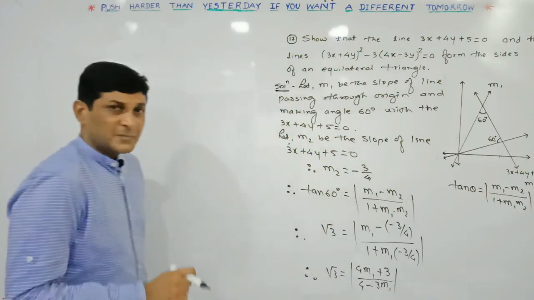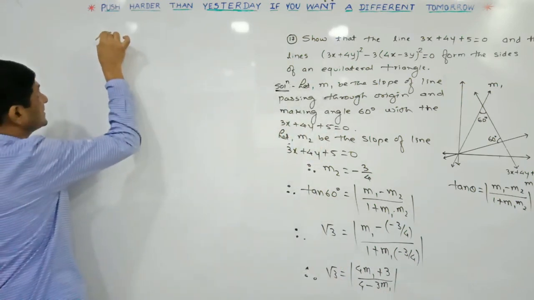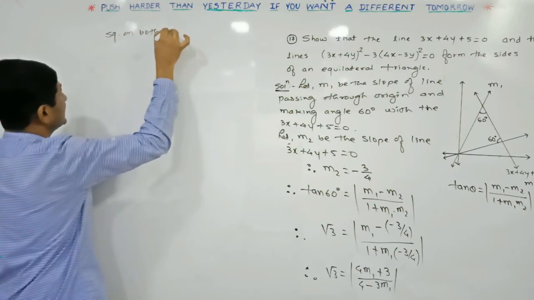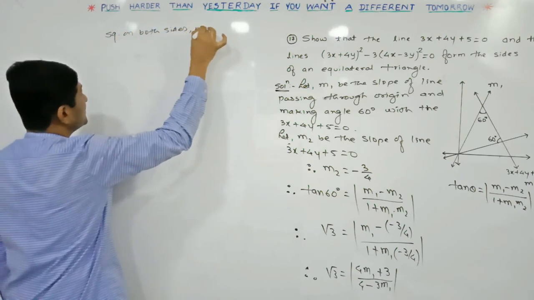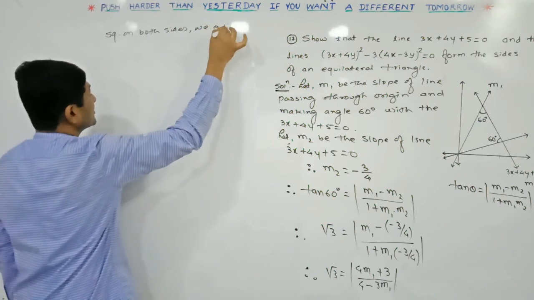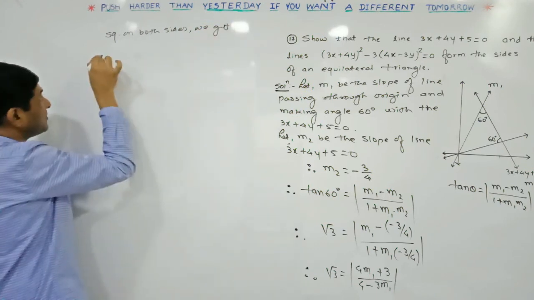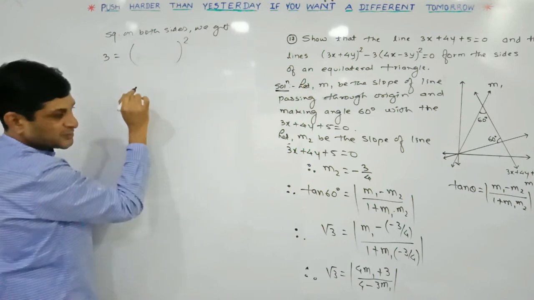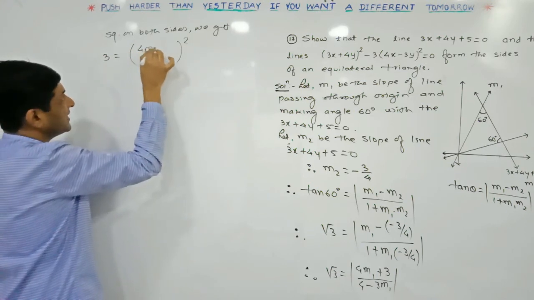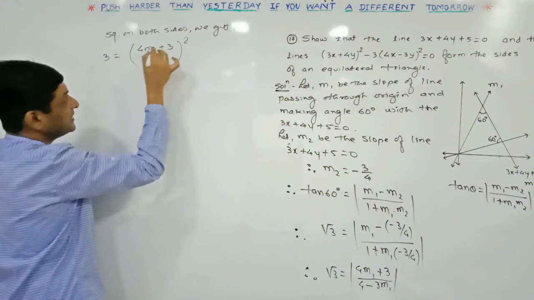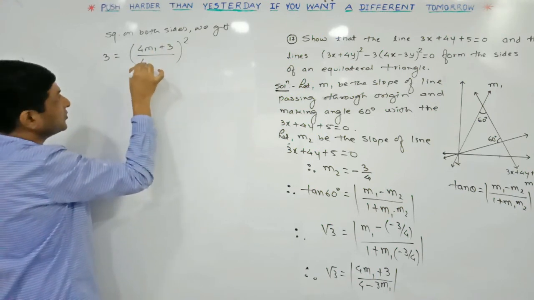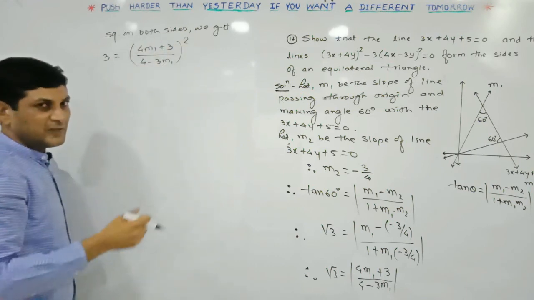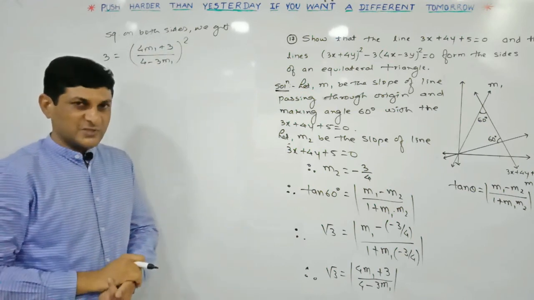Okay, now we are squaring both sides. Let us see what we will get. On this side the square of root 3 is 3, and on this side we get (4m1 + 3) upon (4 minus 3m1), whole bracket squared. The mod will get eliminated if we are squaring both sides, isn't it?